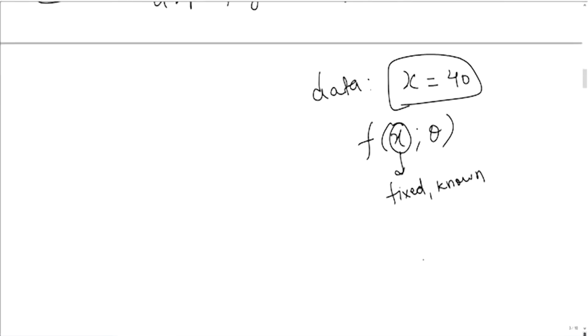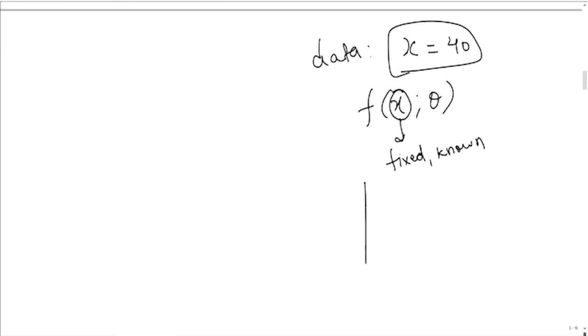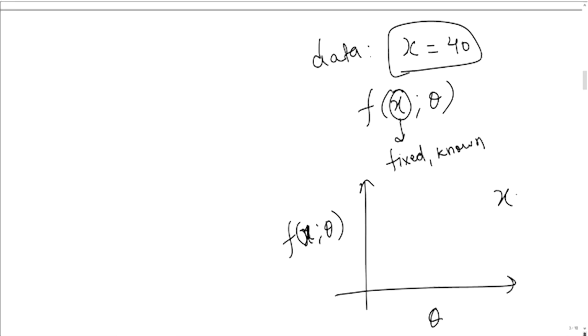What you can do instead is draw a graph of the same function f of x theta with respect to different values of theta, given that x is known and fixed at 40.